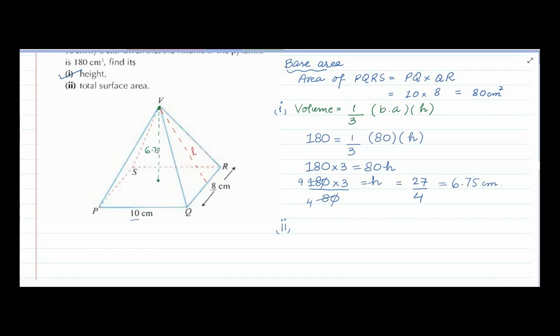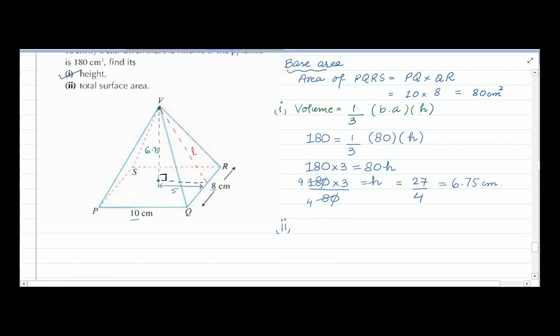And if I make a triangle here, you will see that basically we have a right angle triangle, right? In a right angle triangle, we know that we can apply Pythagoras theorem. If the total length is 10, so this length will be half of 10, that means its value is 5, right?